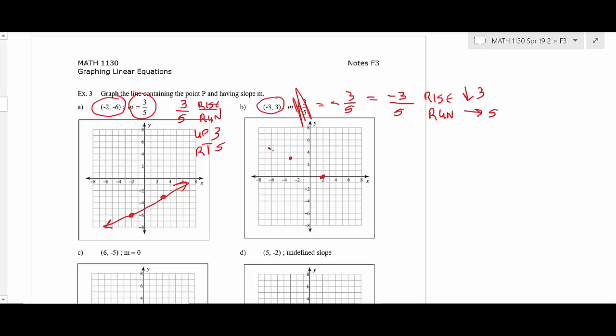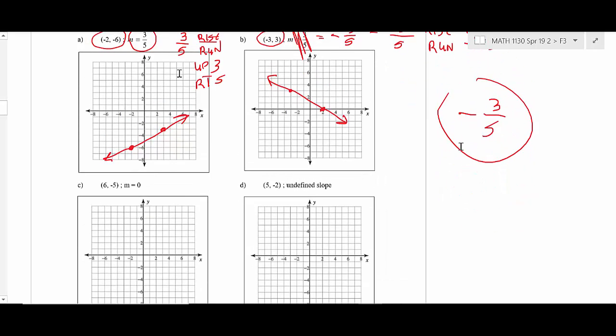Looks like you would end up at the point 2, 0 like that, okay? So a lot of times if a slope is negative, a textbook, and I would do the same, I'd just put the negative in front of the fraction bar. So just have that negative in the numerator. That's a quick way to do that, okay?